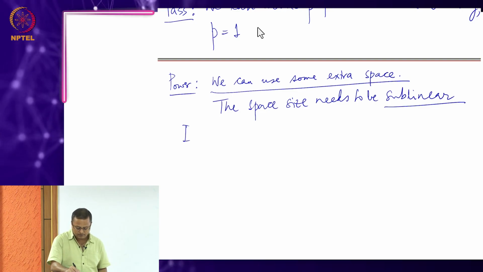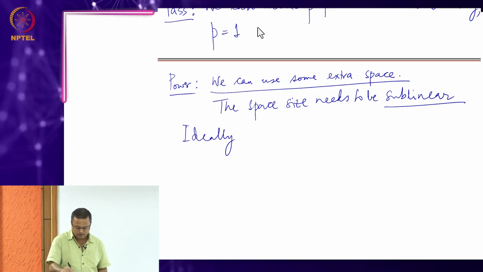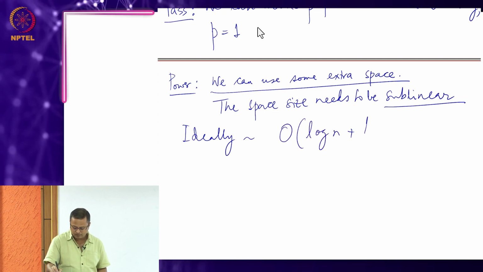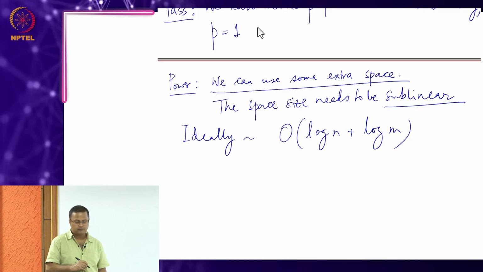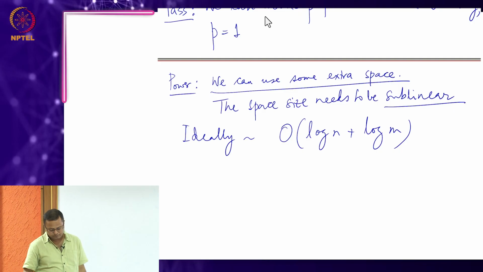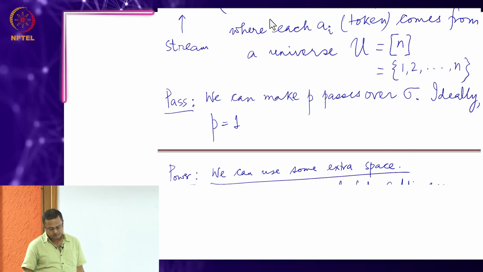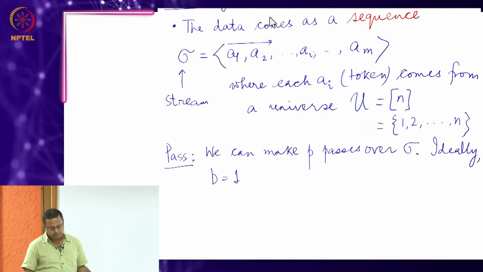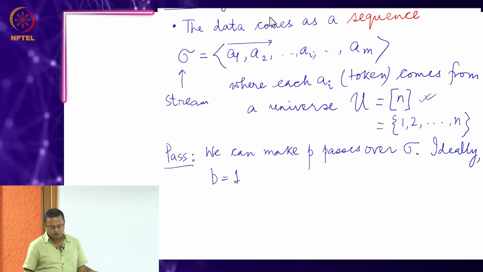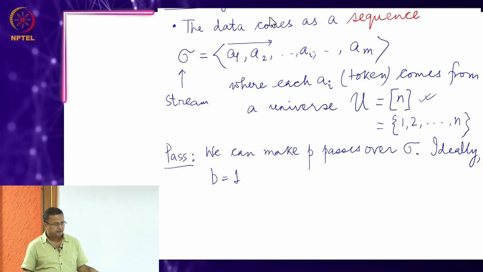Ideally, why log n plus log m, or minimum of log n and log m? Because see, your universe is of size n.